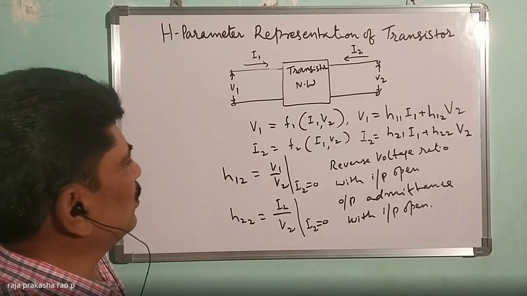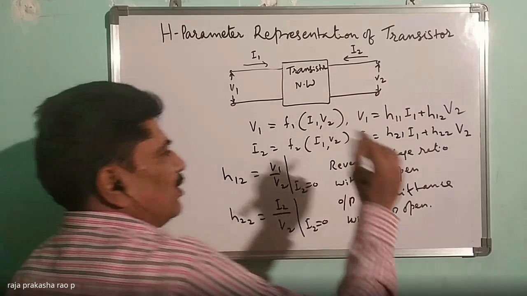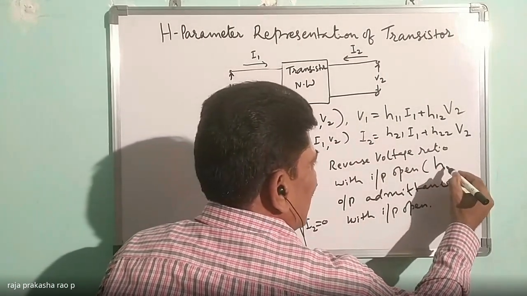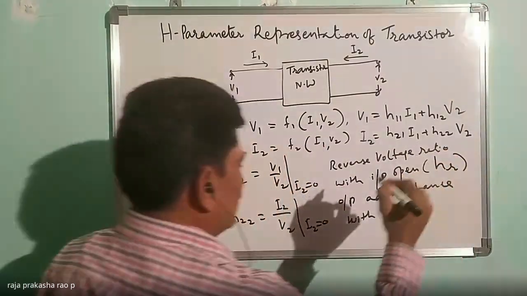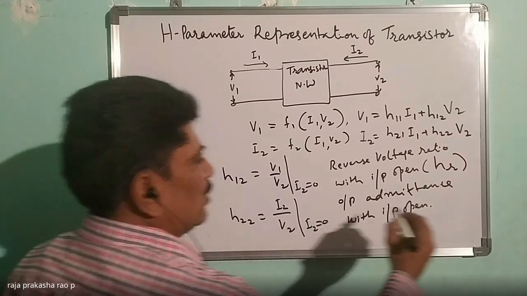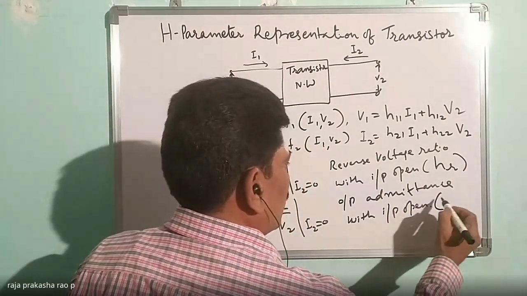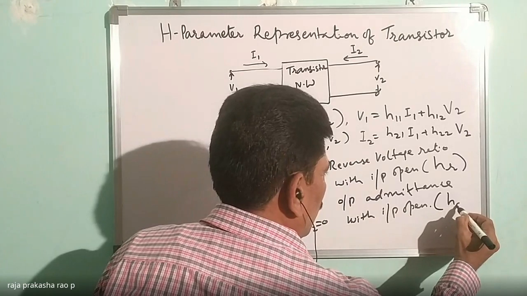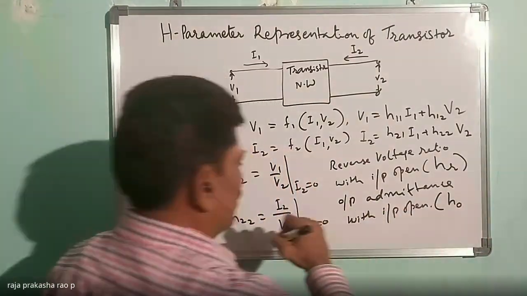H12 is called the reverse voltage ratio, so it can also be called HR. And I2 by V2 is called admittance, so you can write it as HO. O means admittance, R means reverse voltage ratio.